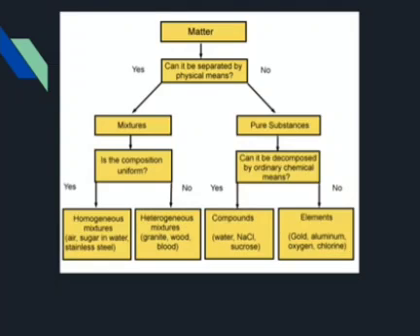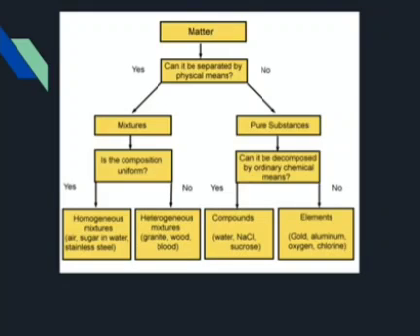If the matter is separated physically, then those are called mixtures. If the matter is not separated physically, then those are called pure substances. In the mixtures, if the composition is uniform, then those are called homogeneous mixtures.